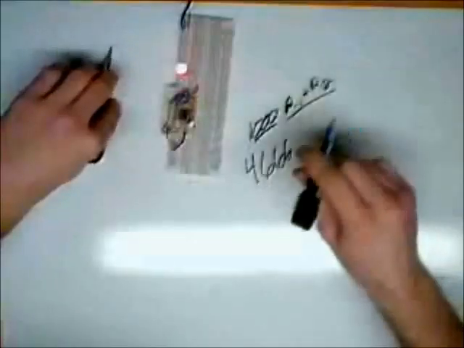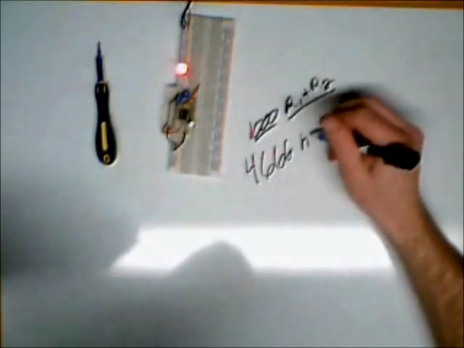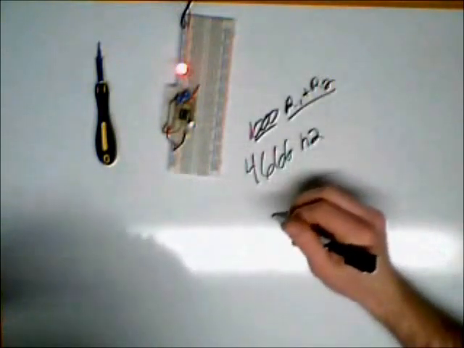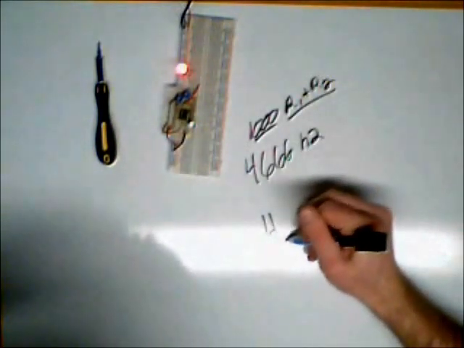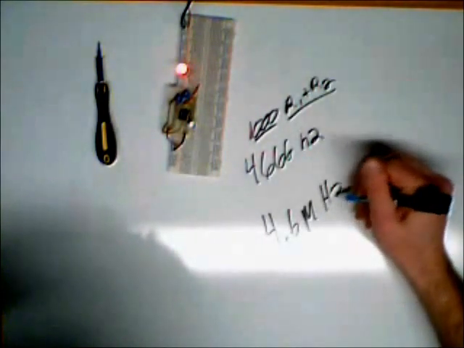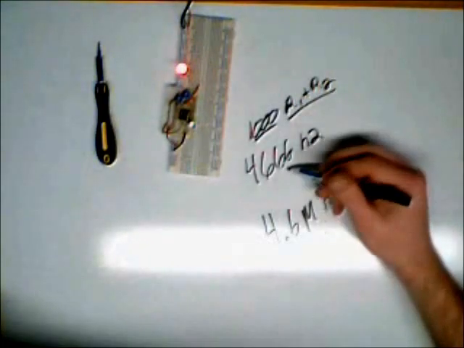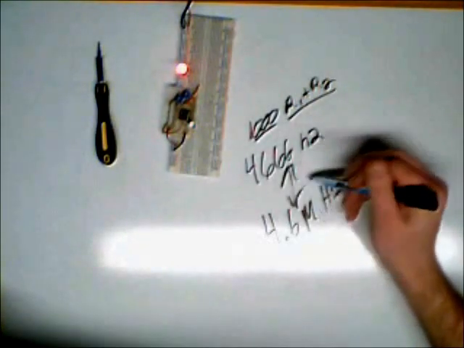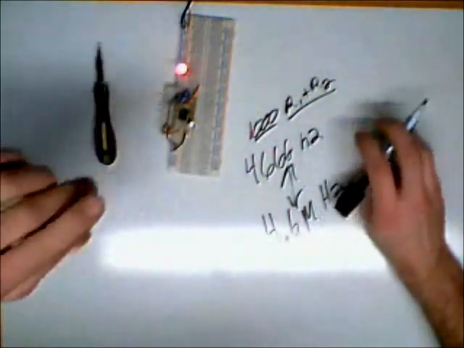It's between 4,666 hertz and 4.6 million hertz, or megahertz. So you've got a broad range that you can play with, but it's not as low as I would like it to be.